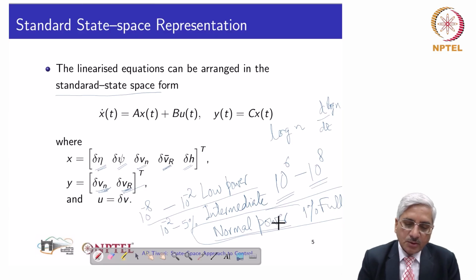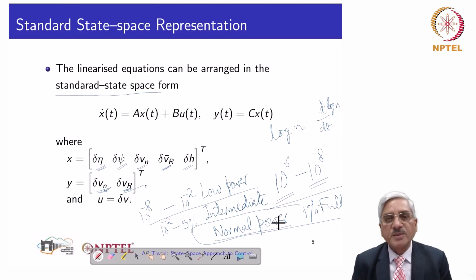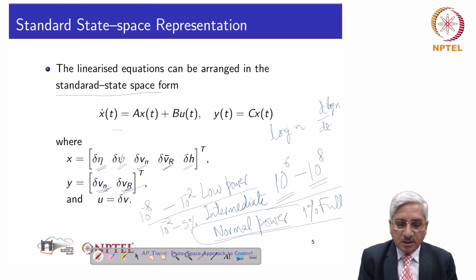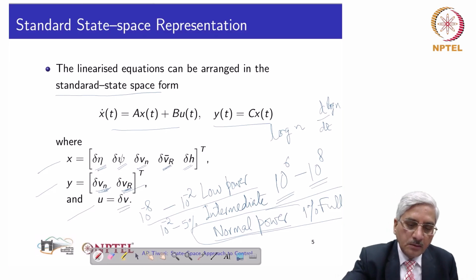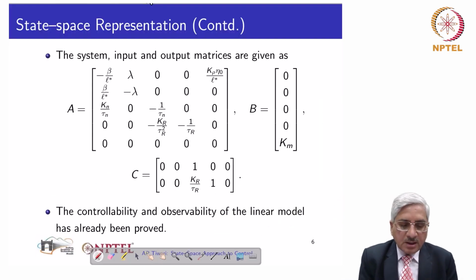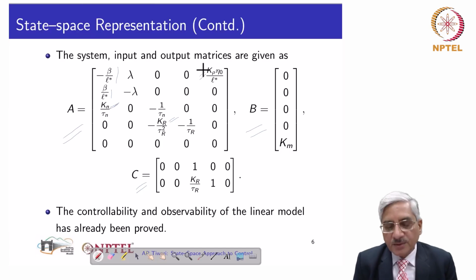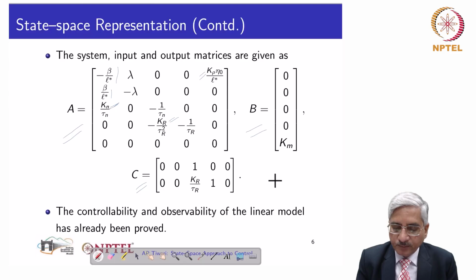Let us proceed ahead. So this is the standard state space model of the nuclear reactor along with the state equation and the output equation. These are the state and output quantities, and this is the input quantity, which is the voltage applied to the control rod. These are the expressions for A, B and C. They are in terms of neutronic parameters, the gain constants of amplifiers, and the reactivity conversion, that is, how the height is related to reactivity.